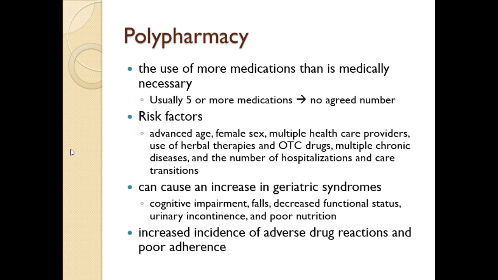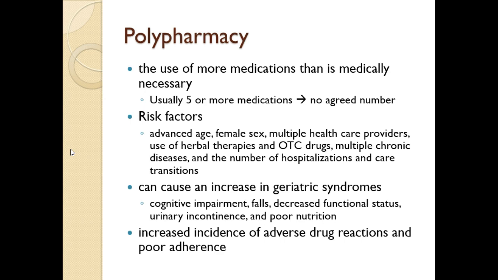The risk factors are older adults, females, having multiple healthcare providers, using herbal therapies and OTC drugs as well as prescription drugs, having multiple chronic diseases, and a number of hospitalizations and care transitions. Those are the people at risk for polypharmacy.